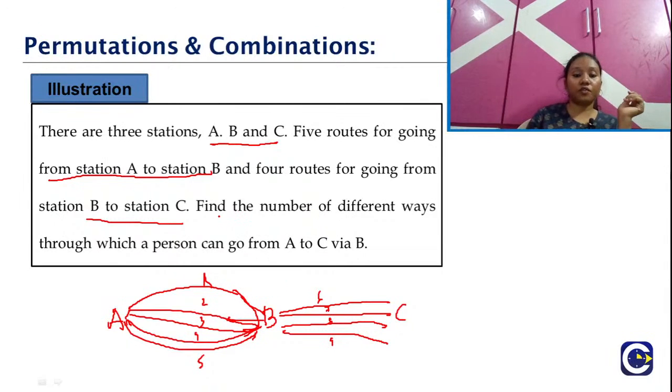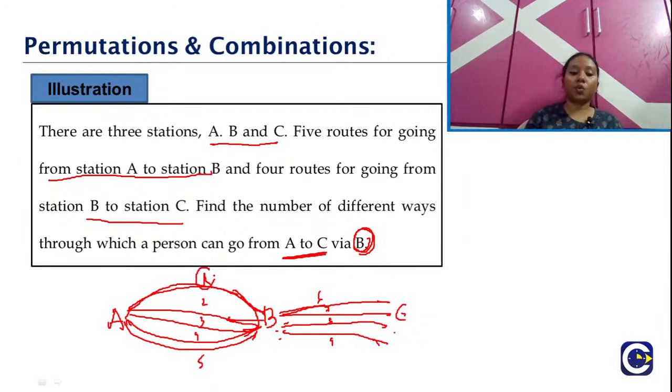Right. So we have to find the number of different ways through which a person can go from A to C via station B. So how can we go? We can choose path 1 from A to B, and we can choose path 6 from B to C, or path 7, path 8 or path 9.